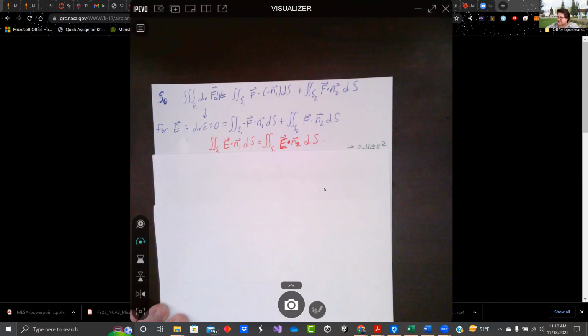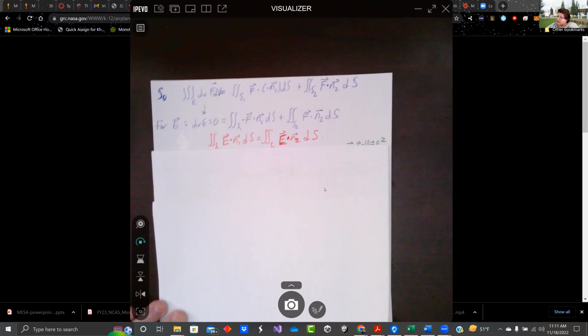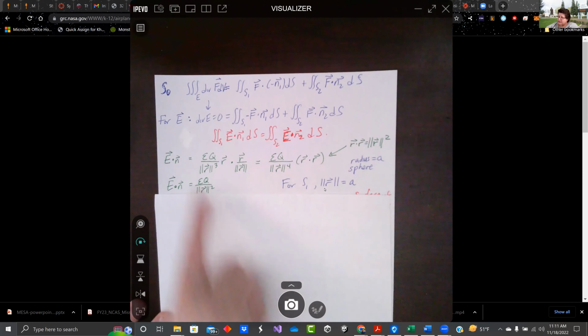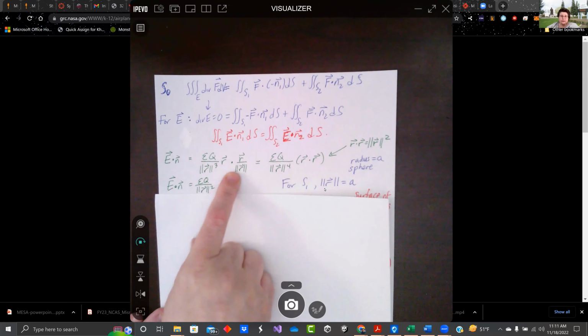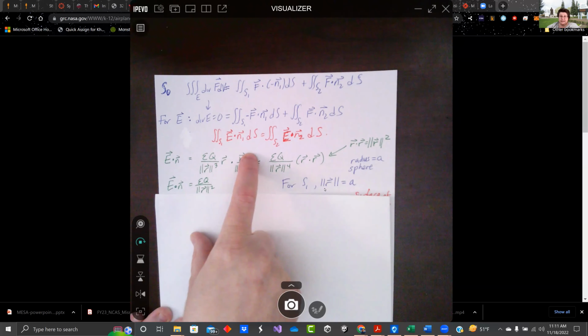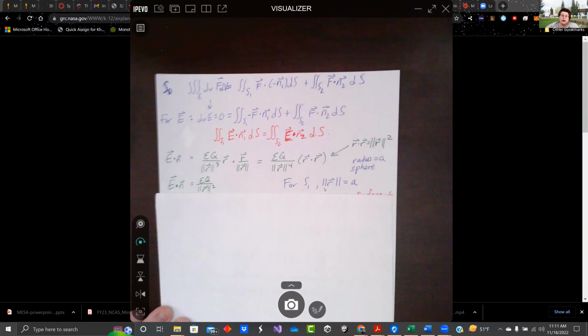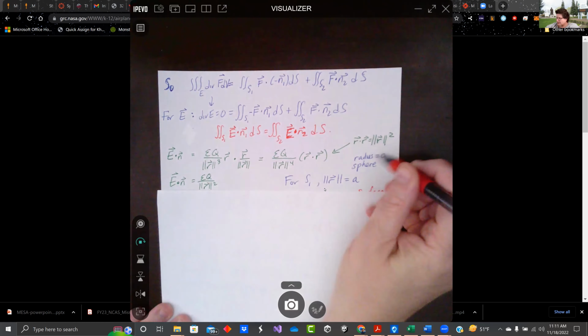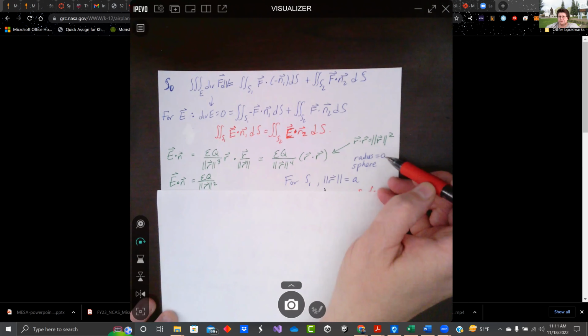We're working with E, so F is now E. So E dot N: here's our E, EQ over the magnitude of R cubed times R. N is radially outward, so it's the radius vector divided by the magnitude of R. When we dot these, we get EQ over the magnitude of R to the 4th power times R dot R. If you remember when we first did the dot product, that was how we came up with the magnitude of R: the dot product of it with itself.